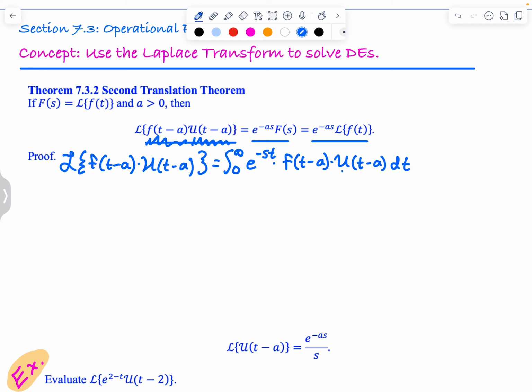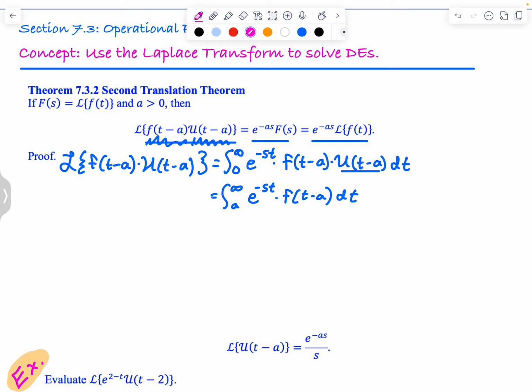Take a look that this is going to be a zero function until a. So this actually is a to infinity of e to the negative st times f of t minus a. And then I don't need the Heaviside function because I picked up at a. The function was 0 all the way up till a, so I didn't need it. So just from a on.